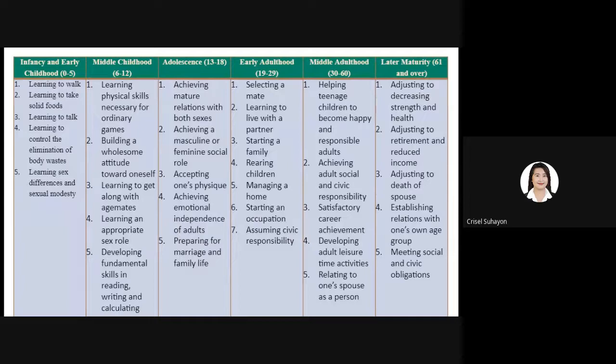Then establishing relations with one's own age group and meeting social and civic obligations, like senior citizen organizations. Then establishing satisfactory living quarters. Okay?